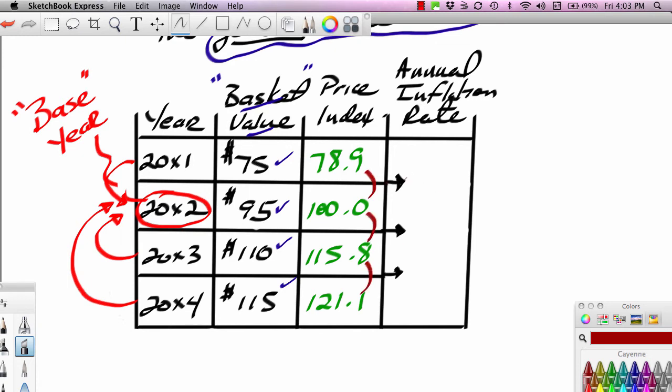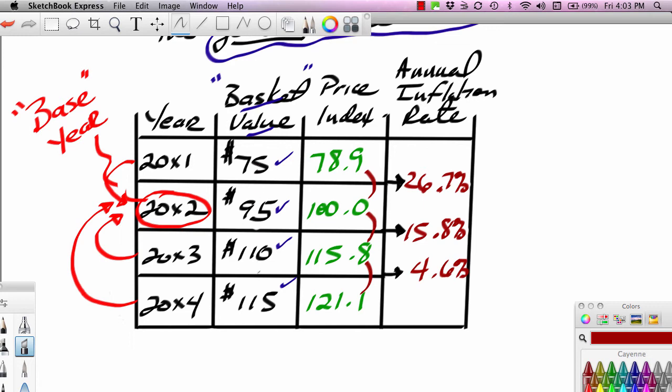Okay, so the inflation rate here is 26.7%. Again, that's a plus. 15.8%. That's a plus. And then 4.6%. So you can see it in the data. The basket value is increasing, but you can see it's decelerating.